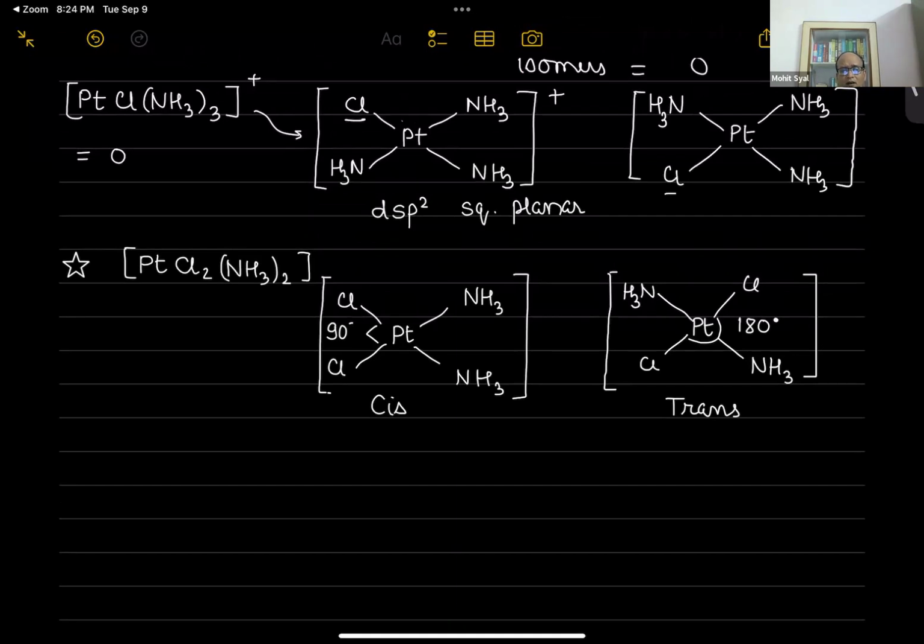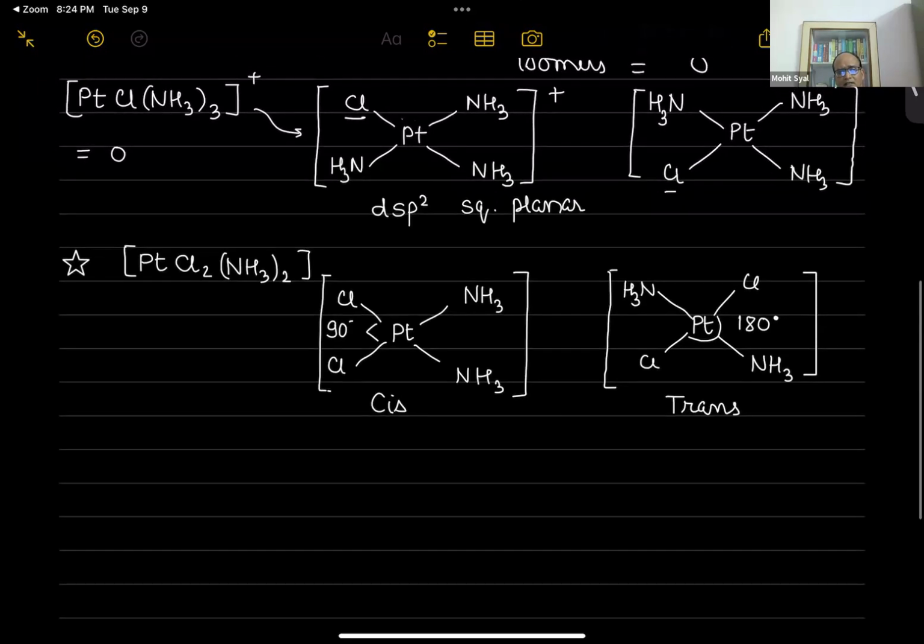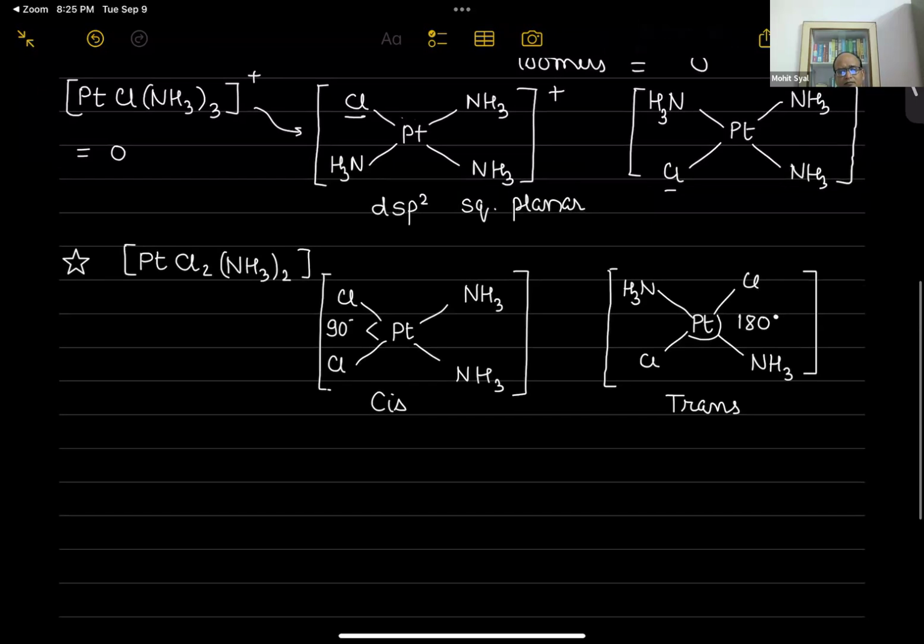Now suppose, maximum what you can do, how many ligands you can change in a square planar complex?